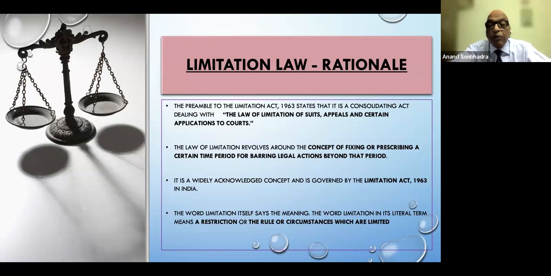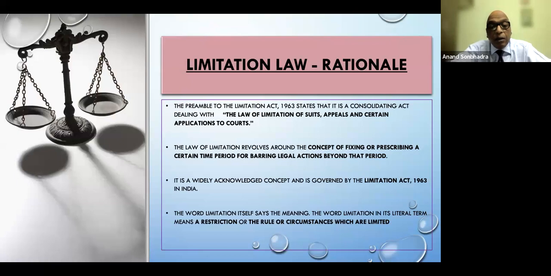Of course, we know that this is known as the Limitation Act of 1963. Currently, it is applicable to the whole of India. Of course, J&K, we will see in the next slides. Post the 2019 amendment, it is now applicable to J&K also.